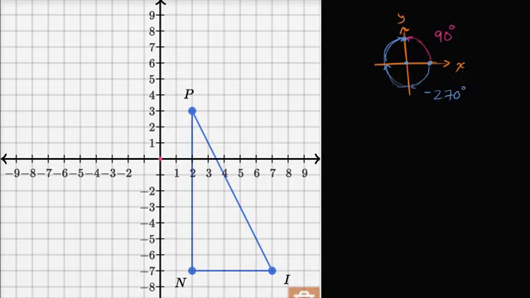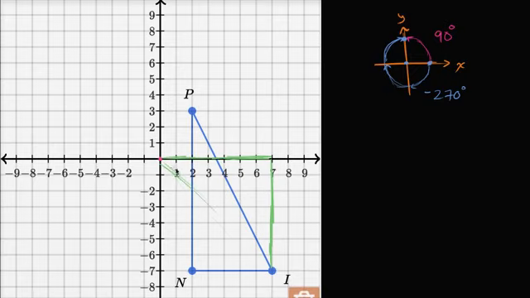To do that, I'm going to draw a series of right triangles. So let's first focus on point I right over here. And let me draw a right triangle. I could draw it several ways, but let me draw it like this. So it's a right triangle where the line between the origin and I is its hypotenuse.